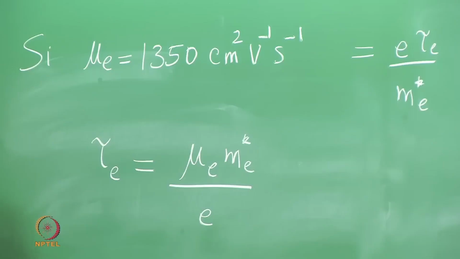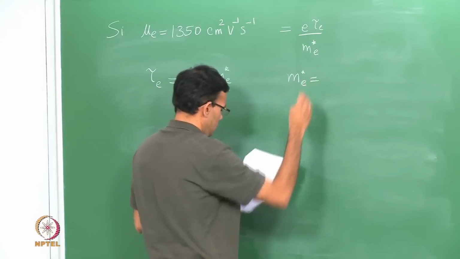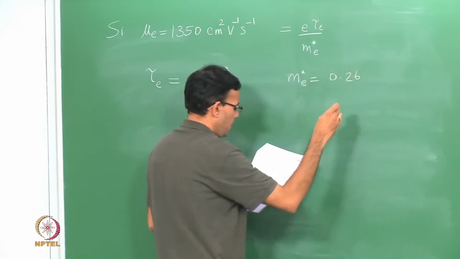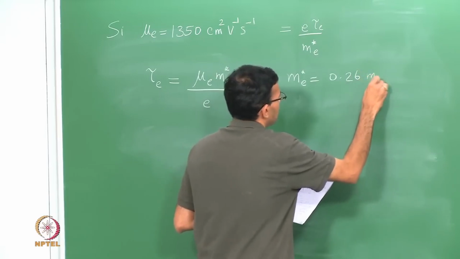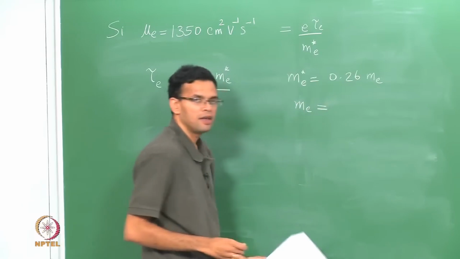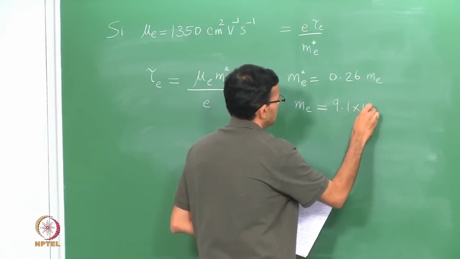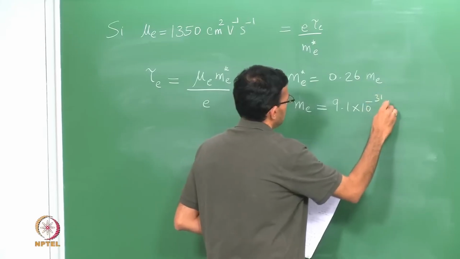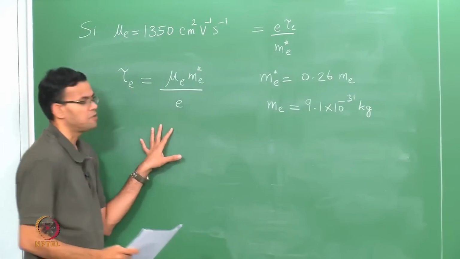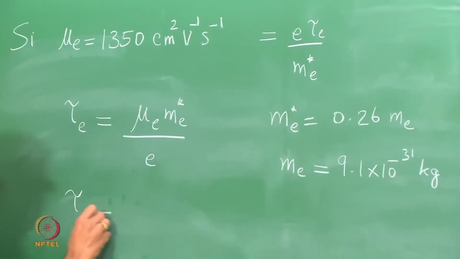In the case of silicon, me star is around 0.26 me, where me is the mass of an electron. So, we can substitute the numbers in here to get the value for tau e.